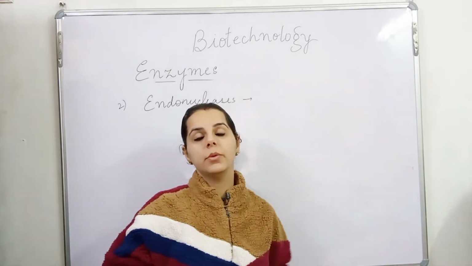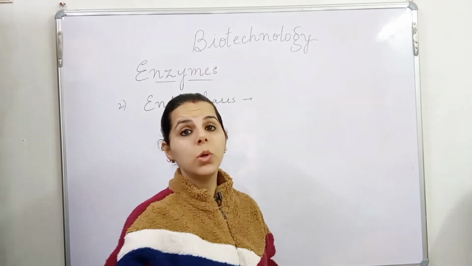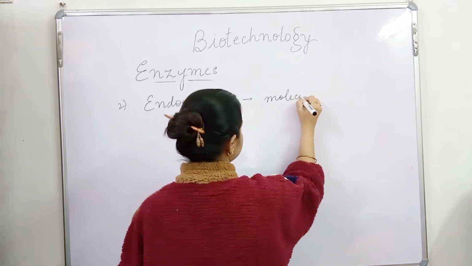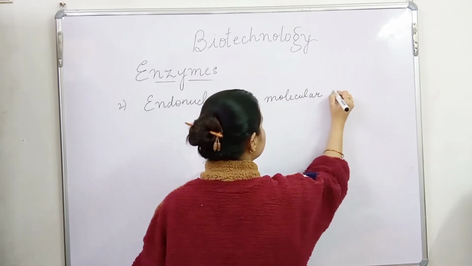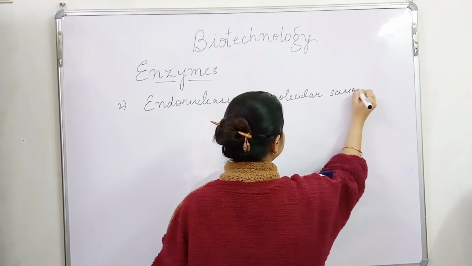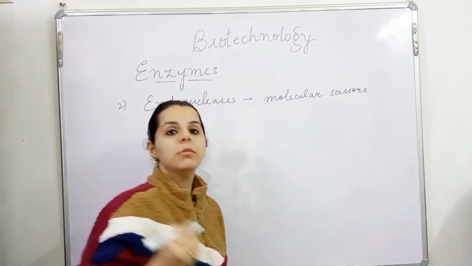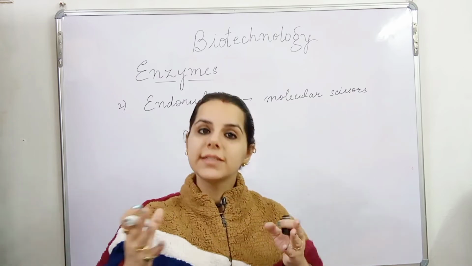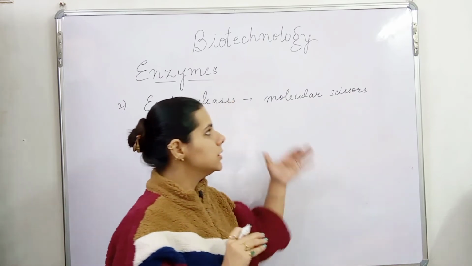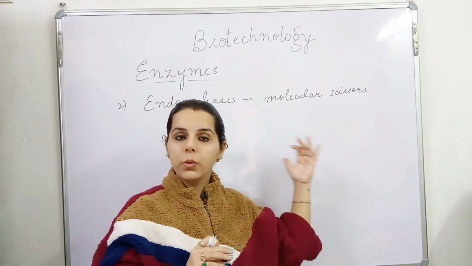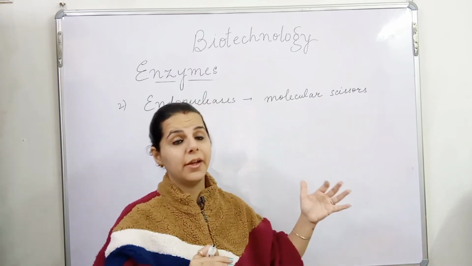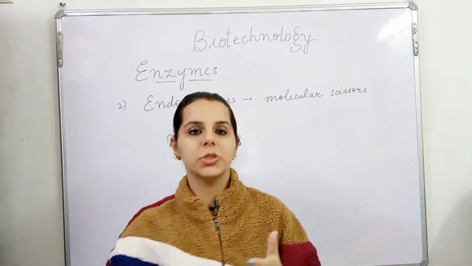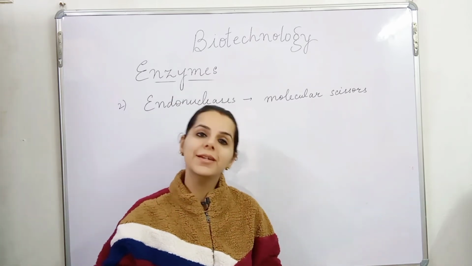When we talk about endonucleases, we call them molecular scissors, and the reason is that they make a cut in the DNA at a specific site. For that reason, they are a very important tool in our DNA technology, that is, recombinant DNA technology.